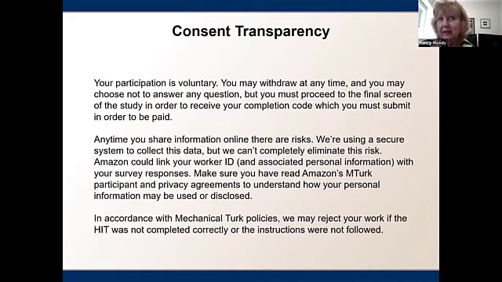Sometimes they recommend that people delete cookies. Hopefully that has answered that question on Qualtrics. Is there anything else on Qualtrics? No, thank you.